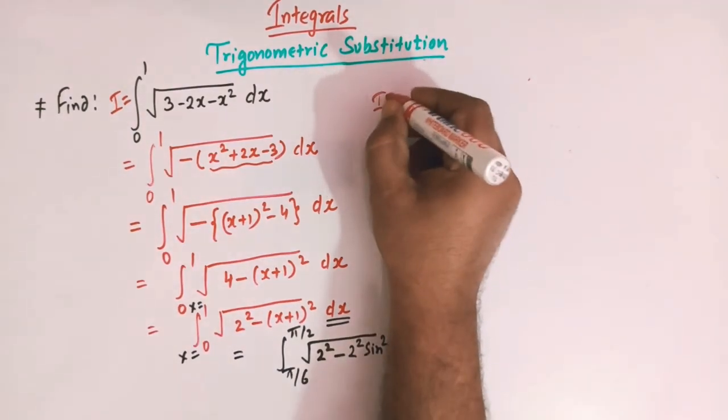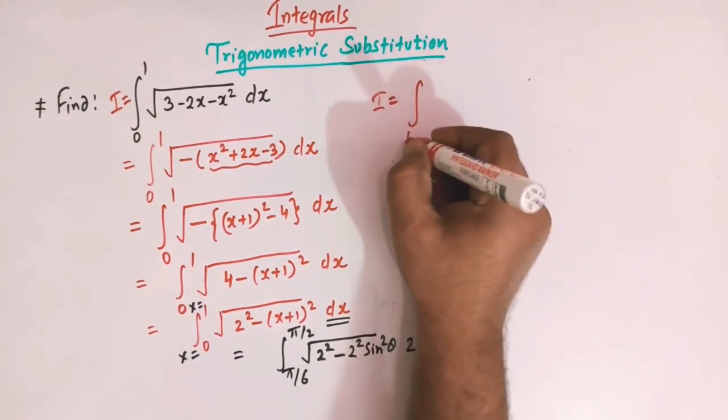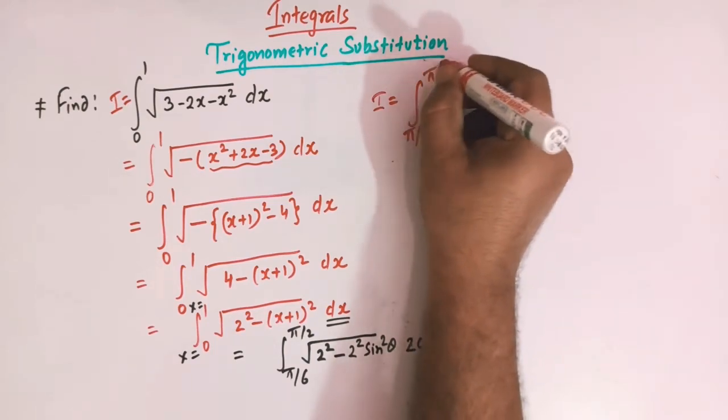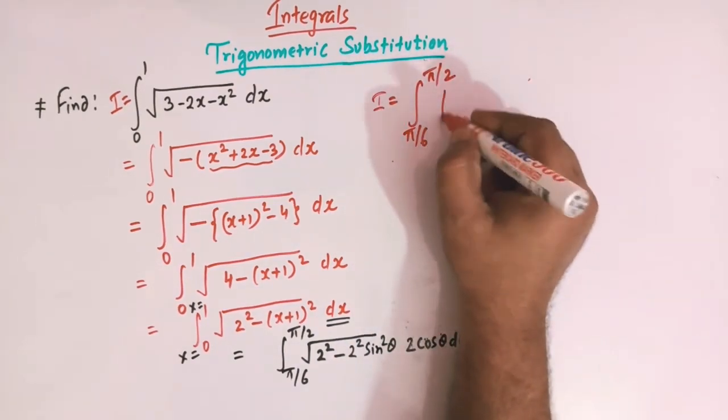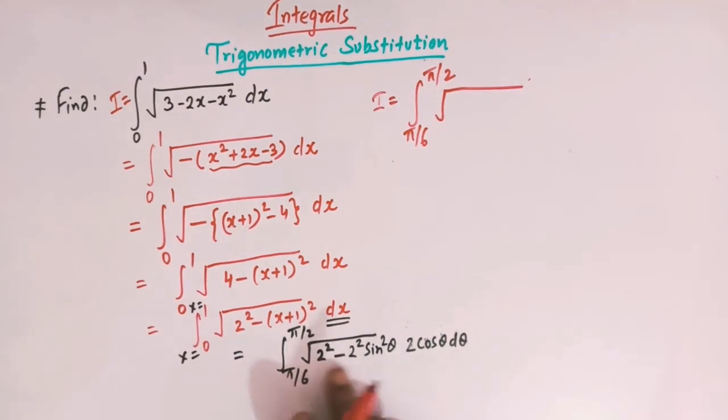So we have the integral I as pi by 6 to pi by 2, and under the square root sign we have 4 minus 4 sine square theta, and if we take 4 outside we have 1 minus sine square theta, and 1 minus sine square theta is cos square theta, right?